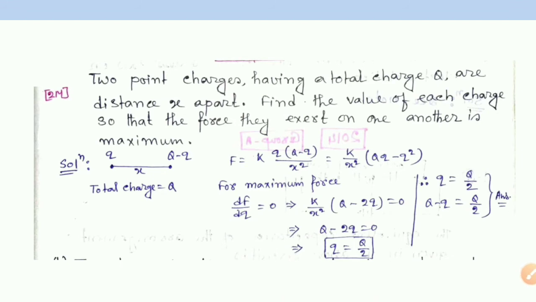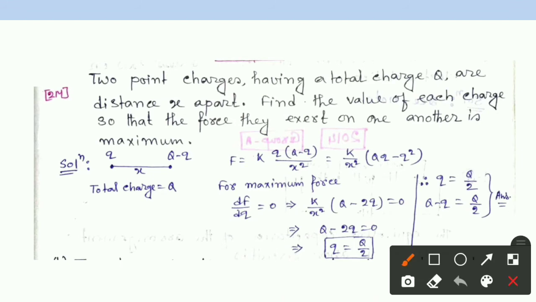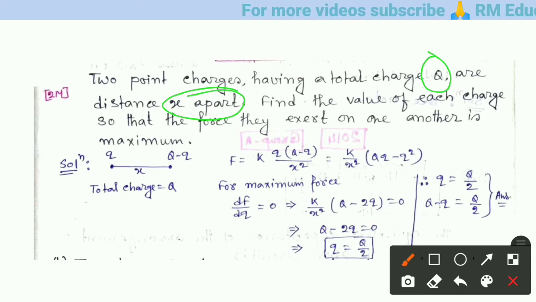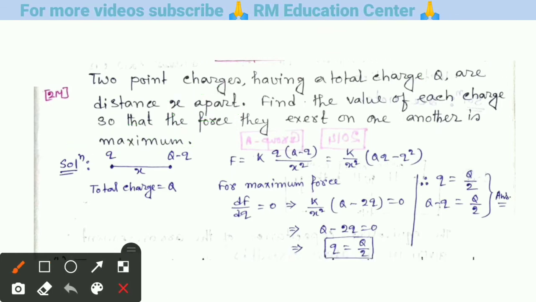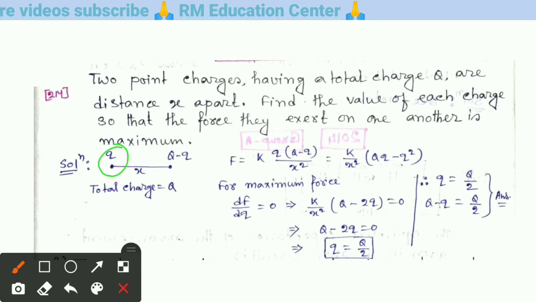Next question is, two point charges having a total charge Q are a distance x apart. Find the value of each charge so that the force they exert on one another is maximum. Solution. Suppose one charge is small q.